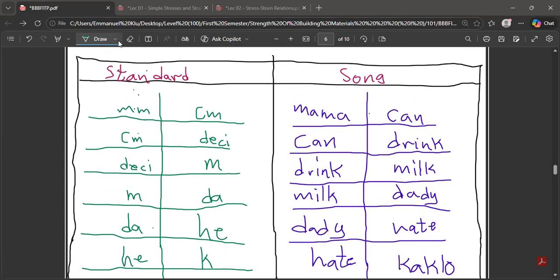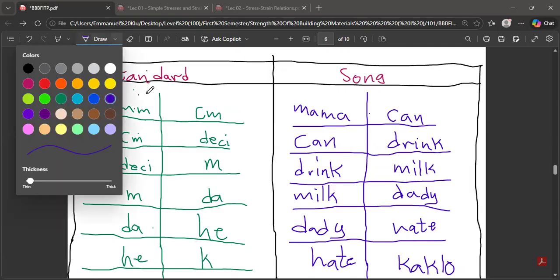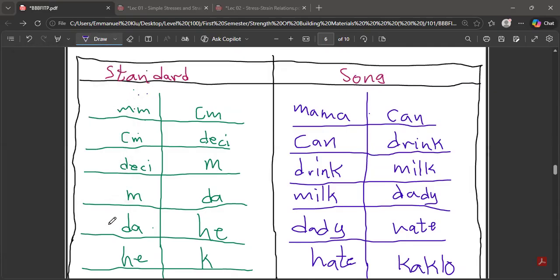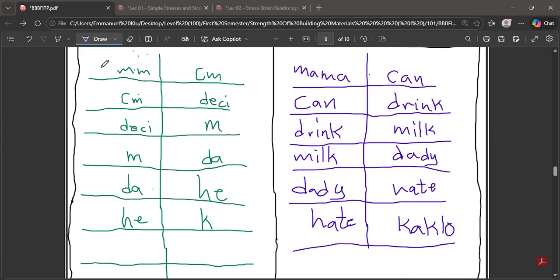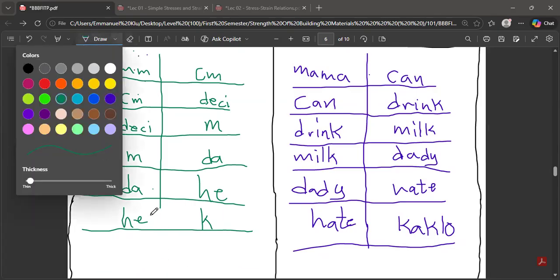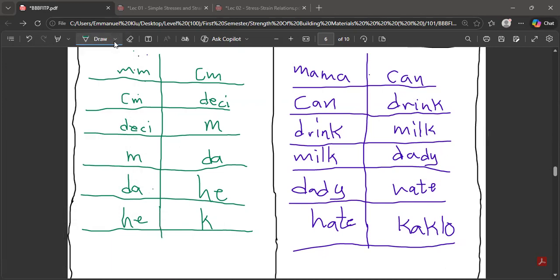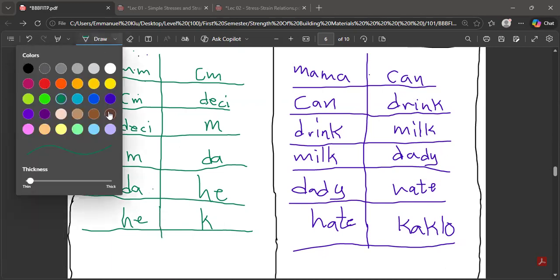So at the end of the day, what are you going to put over here? You're going to put 10, 10, 10, 10, 10 at your left-hand side, and you come and put 1, 1, 1, 1, 1 at your right-hand side. So look at what I'm doing. Let me use a different color pen.